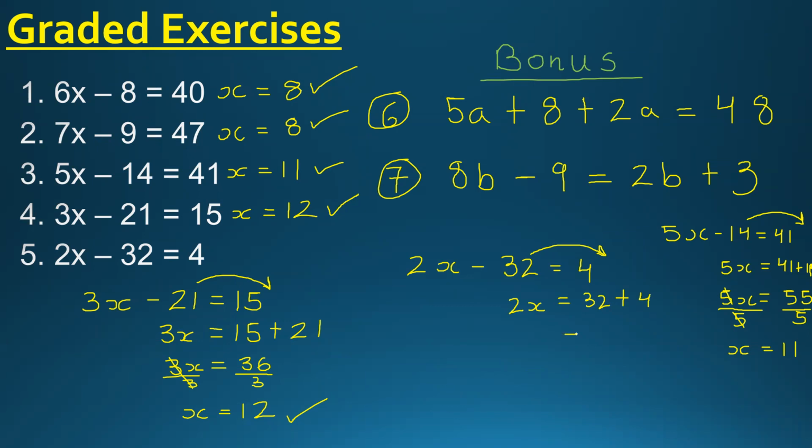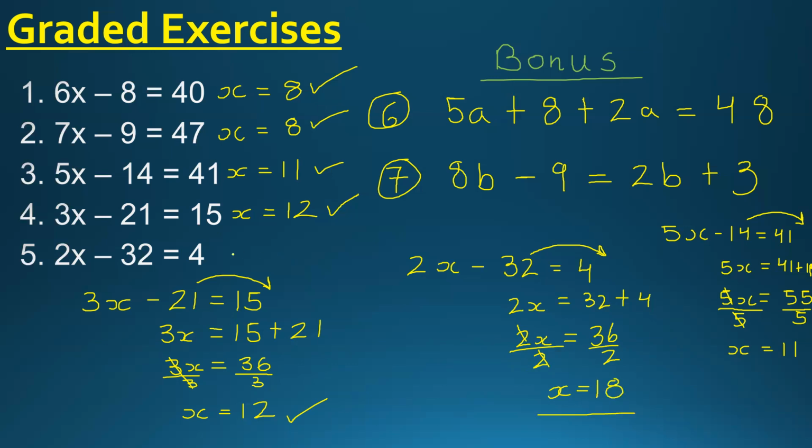So 32 plus 4 is 36. And then 2x equals 36. We divide both sides by 2. Cancel out. X is equal to 36 divided by 2, which is 18. X is equal to 18.